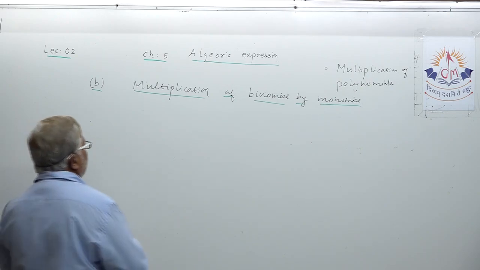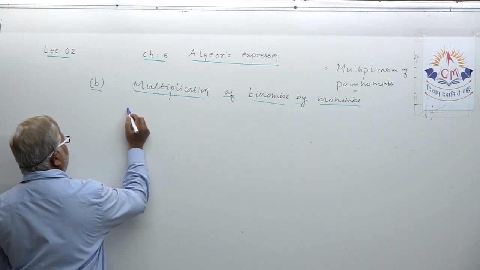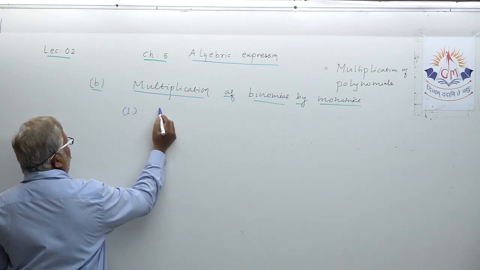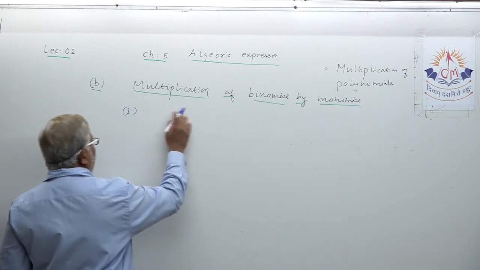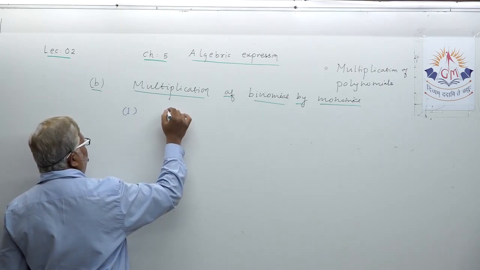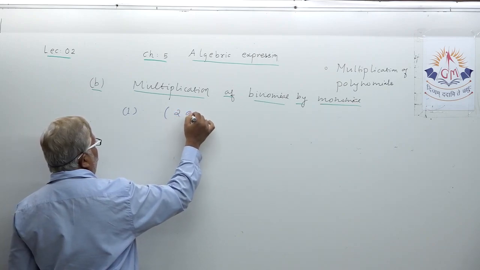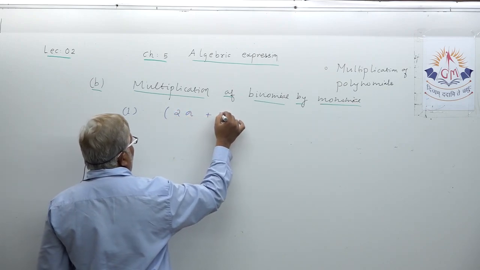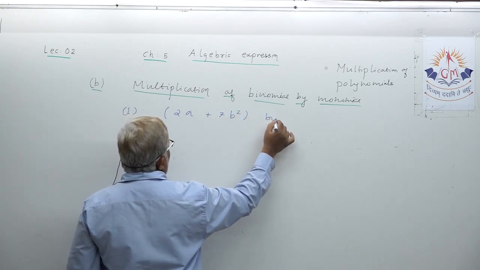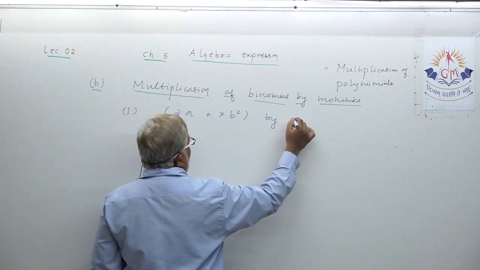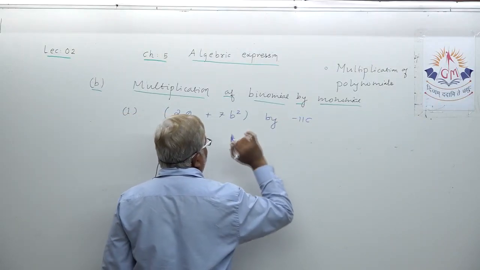Okay, suppose, dear student, I write here multiply. I am not writing that word multiply every time, we will understand this. I am writing one binomial here, 2a plus 7b square by minus 11c.